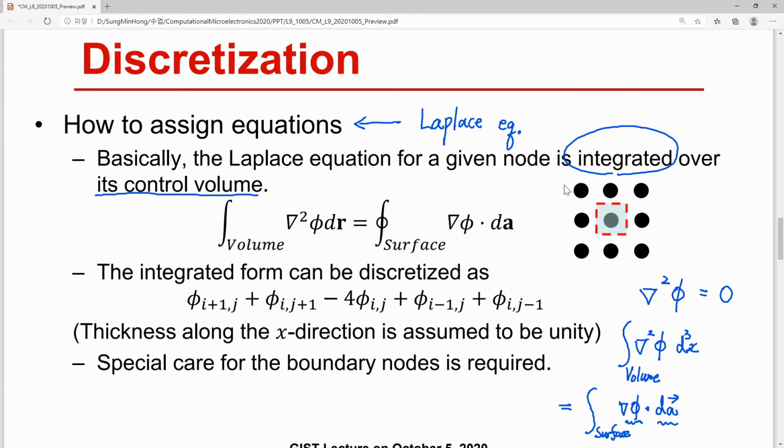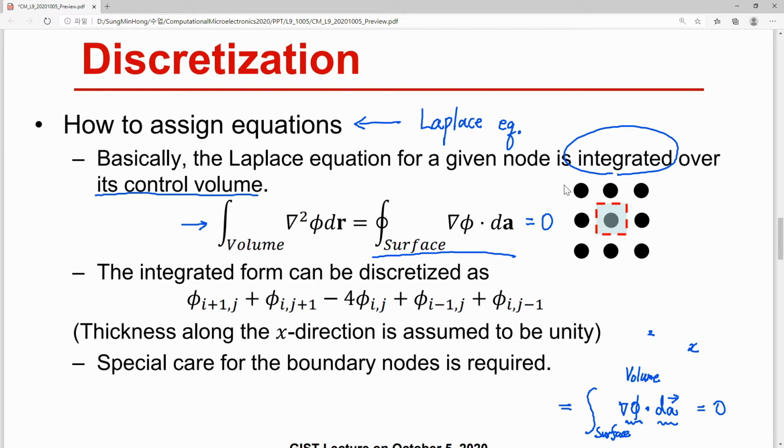Then it should be 0. So that is written here. And this is the left hand side of our Laplacian equation, and that should be 0. That is all for our implementation.